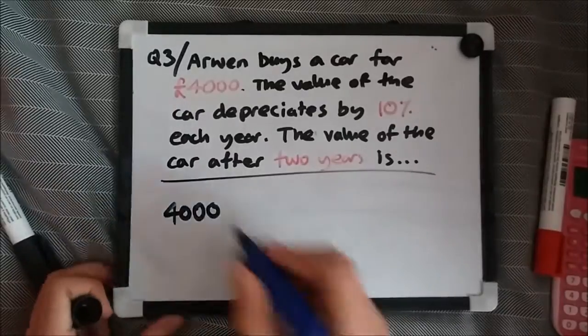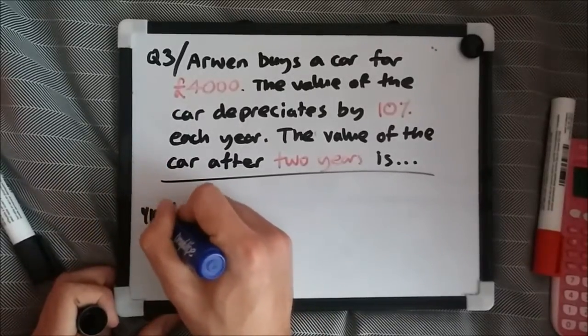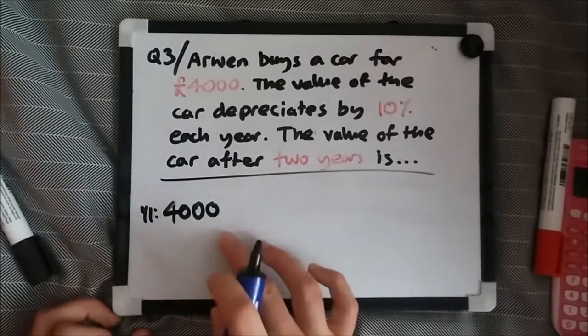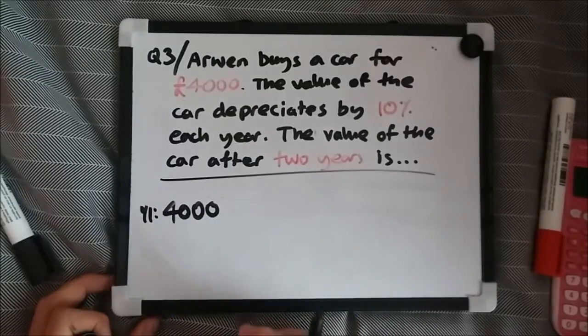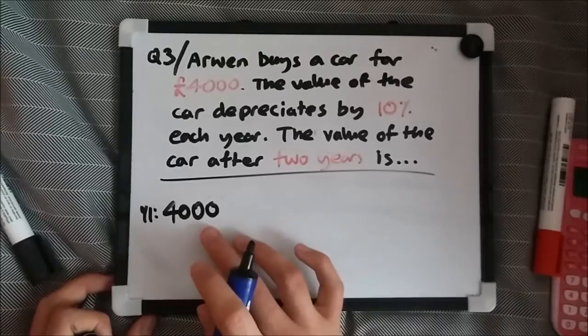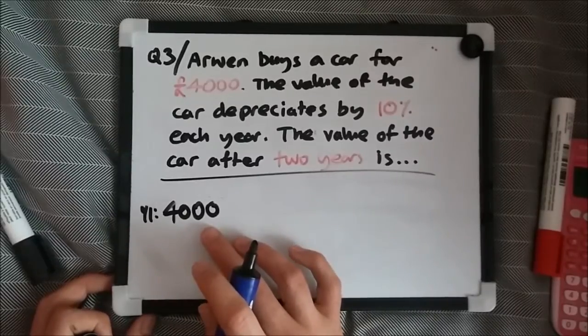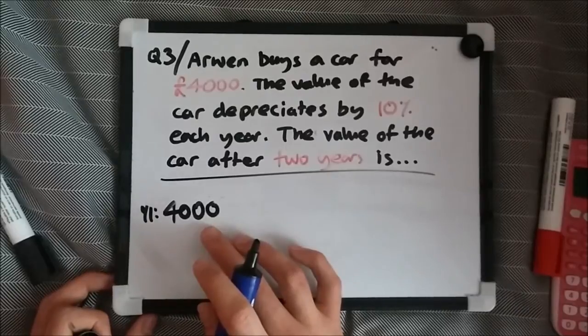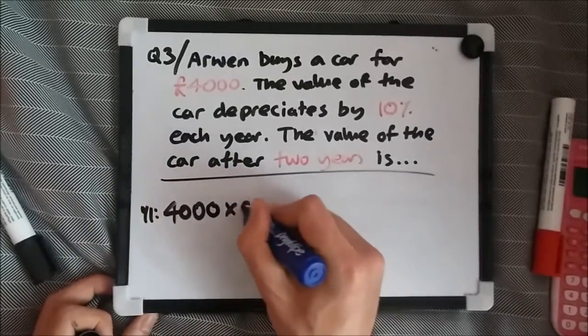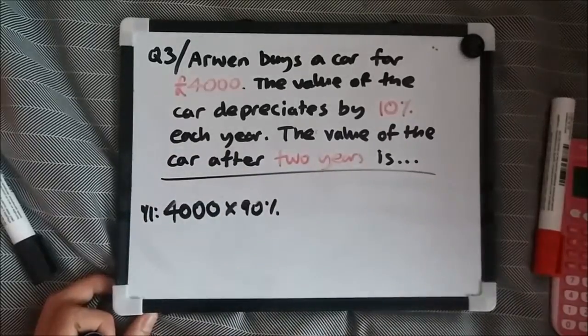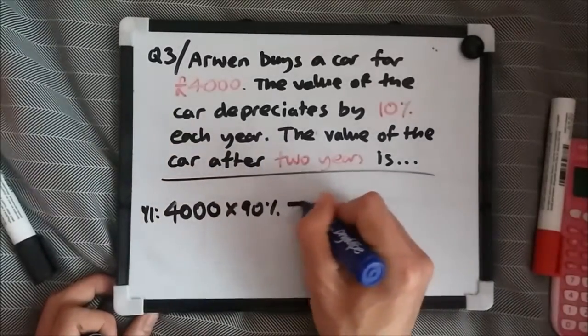So what we could say, in year 1, the car is initially £4,000 and it decreases by 10%. So to decrease it, think of 4,000 as 100% of the value. If you minus 10%, you have 90% of the value. So we can multiply this by 90%, and this will give us the value of the car after 1 year.